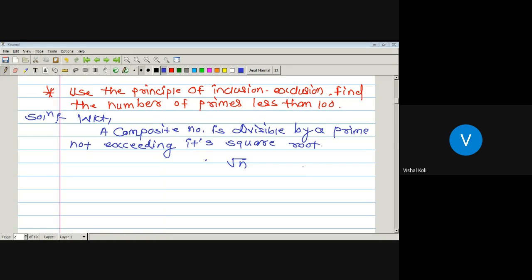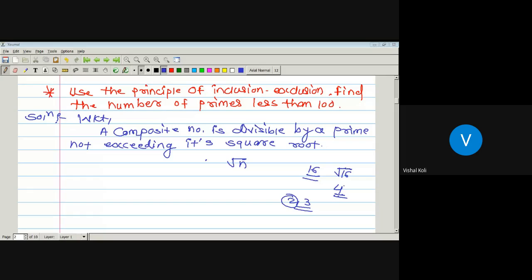For example, suppose the value of n is 16. As it is a composite integer, this 16 is not divisible by any prime greater than root 16, that is 4. Let us check what the primes less than 4 are: 2 and 3 are the two primes that are less than 4. So 16 is divisible by 2.